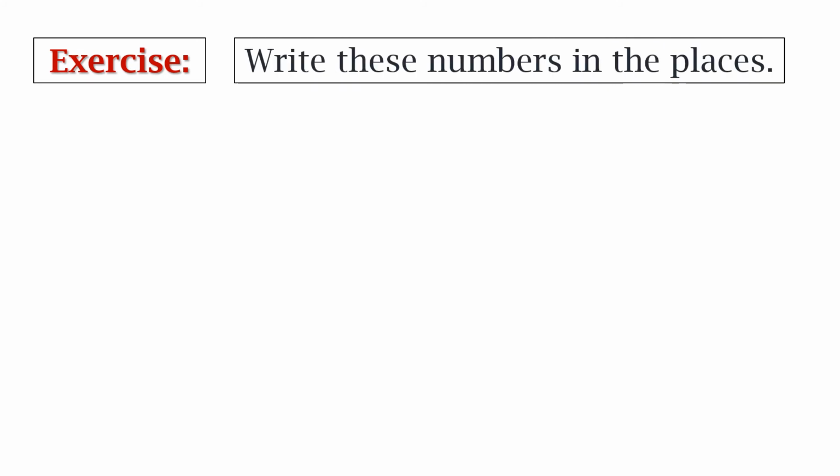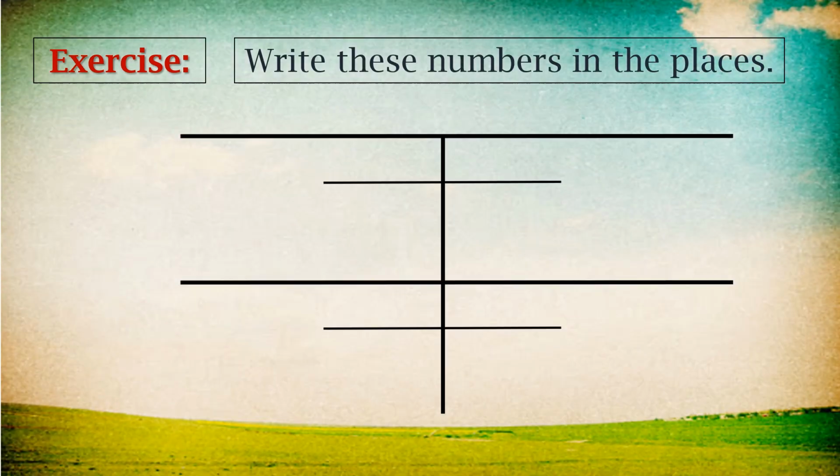Exercise. Write these numbers in places. Okay? So we've got tens and ones. What I want you to do, kids, is prepare a pencil and a paper, and I want you to answer this on your own. If you don't know how to answer this activity, you can ask your mom and dad for help. Ready?